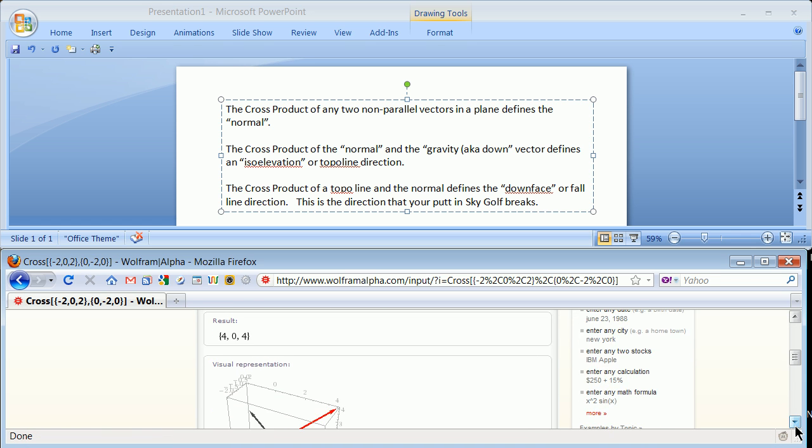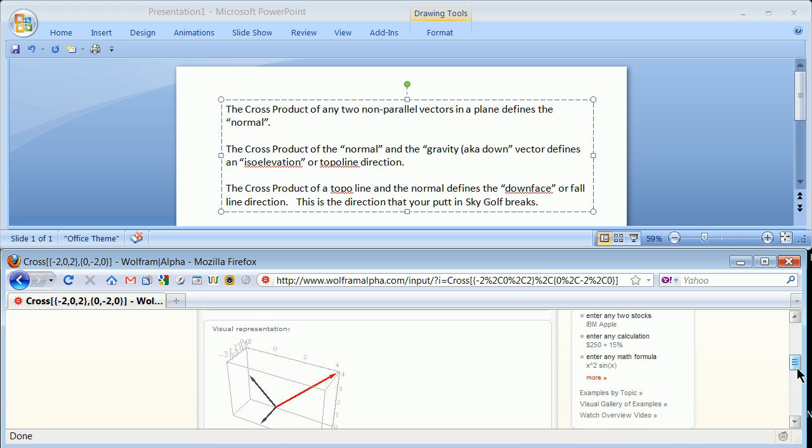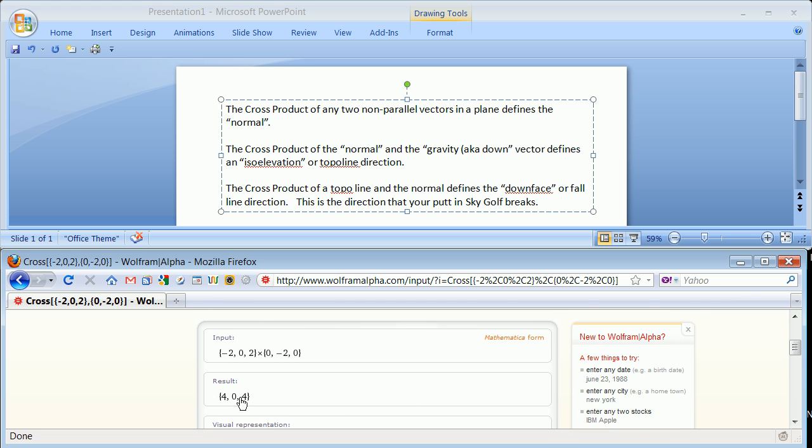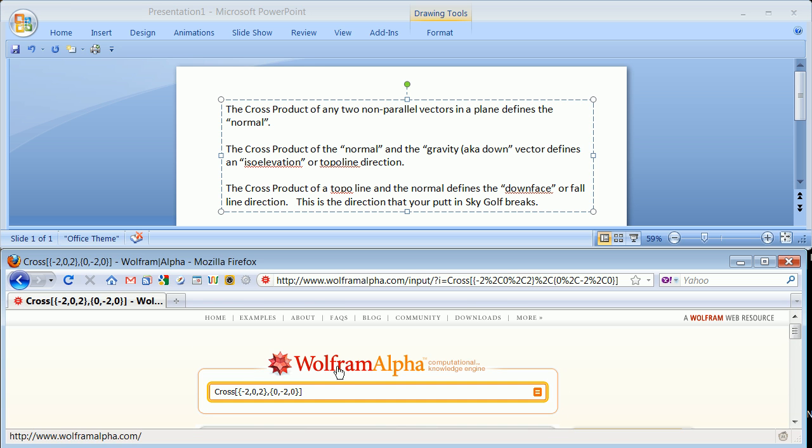So the result here, when it's normalized, gives you the direction of the down face. So this is the down face vector. We'll talk about how to normalize that. And we probably can go ahead and just show you how to get the normalized. So we're going to normalize the result of 4, 0, 4. Normalize, open hard bracket, open parentheses, 4, 0, 4.